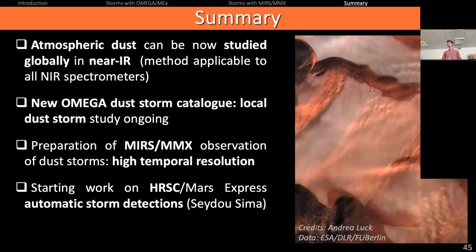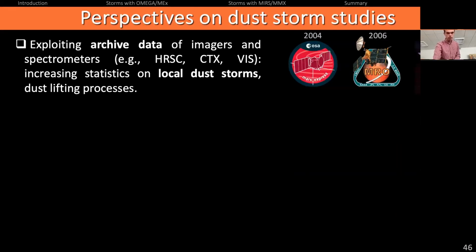And we are starting to work on HRSC data to have some automatic local dust storm detections with Seidu in his internship. So I also wanted to show some perspectives about Martian dust storm study, because currently we have fewer missions towards Mars, but we have many archive data that we can use.